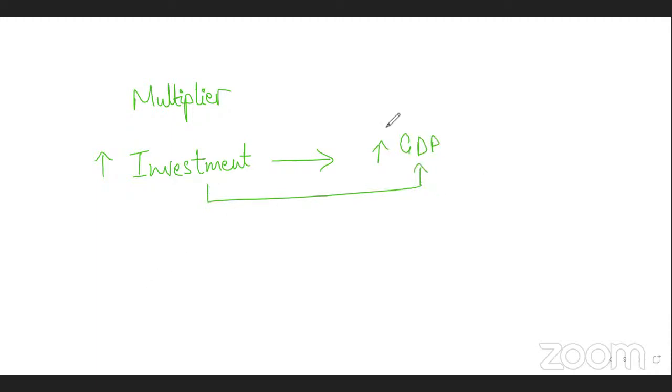Now in the accelerator effect, we are looking at the opposite. That's the easiest way to remember. We are looking at how a rise in the country's GDP, national income, causes a rise in the country's investment. I'll explain why both of these are true.